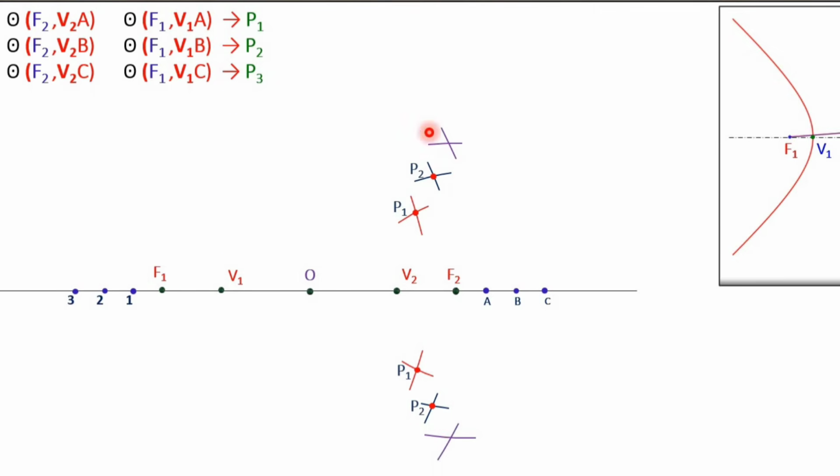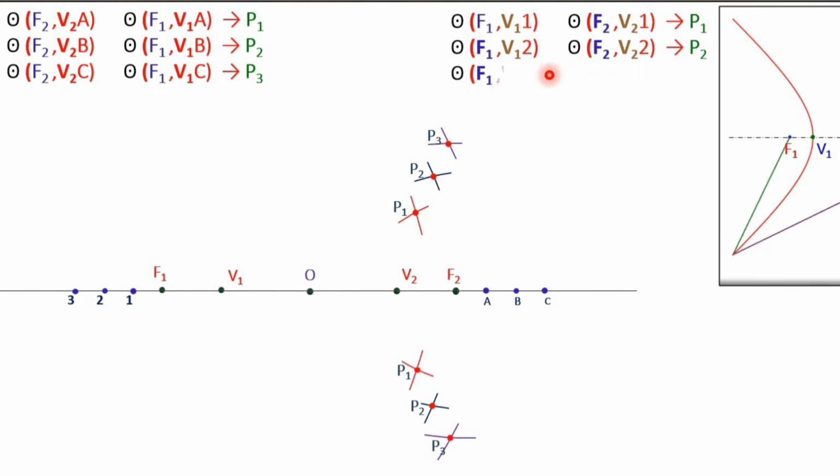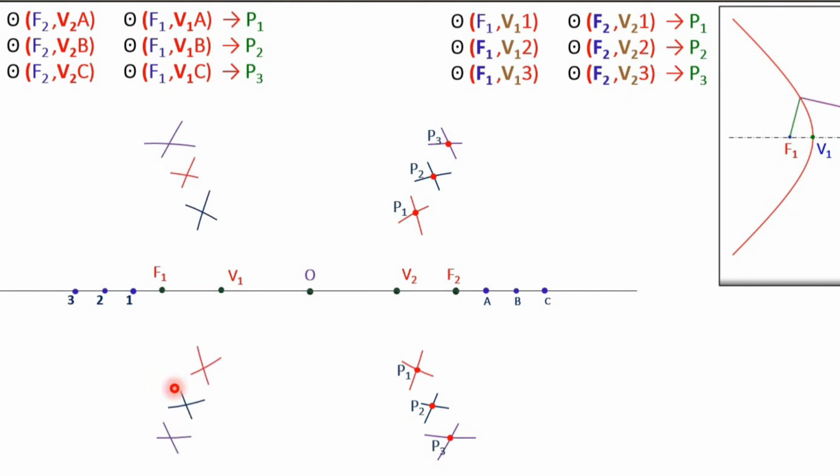So you will get the P3 point. Similarly, you can do this on the other side with the help of this step, which is exactly similar to this one. So definitely you can do it. You will get similar points over here, one by one. First you will get P1, then P2, and then P3.